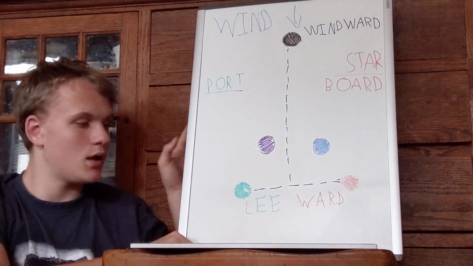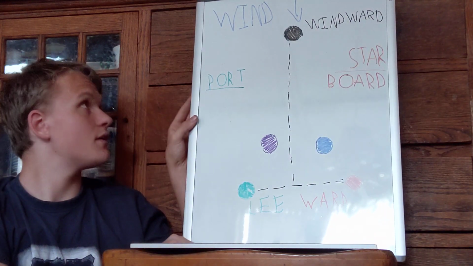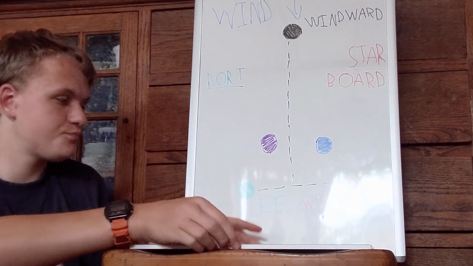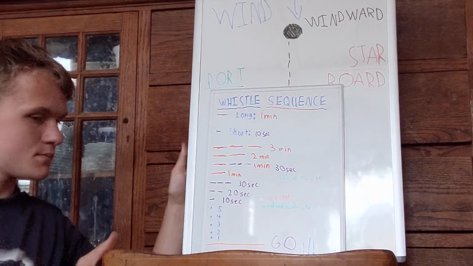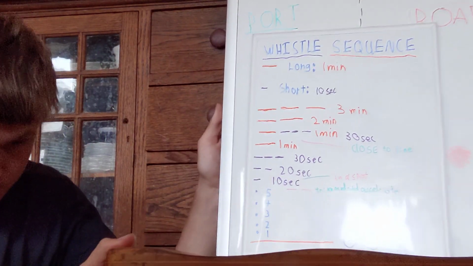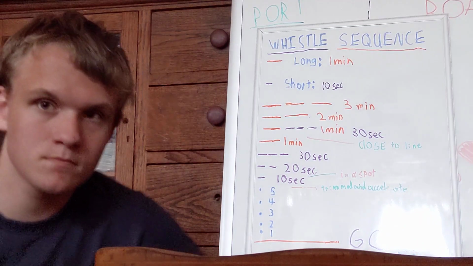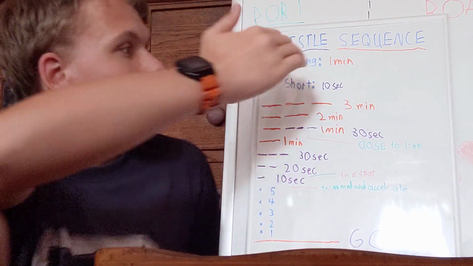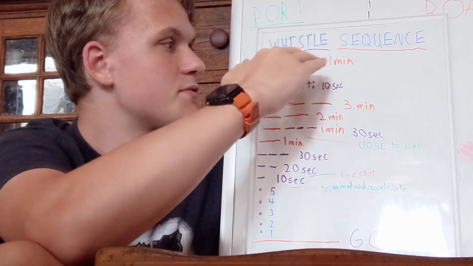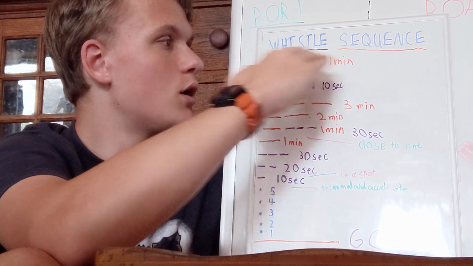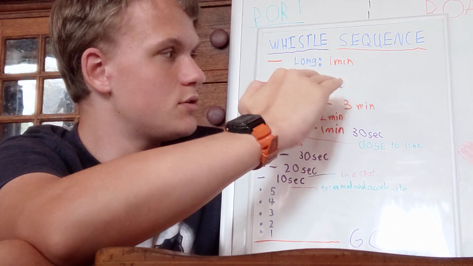the race, and we use a whistle sequence for that. Okay, so here's what a whistle sequence looks like. You have two different signifiers. You have a long whistle and you have a short whistle.